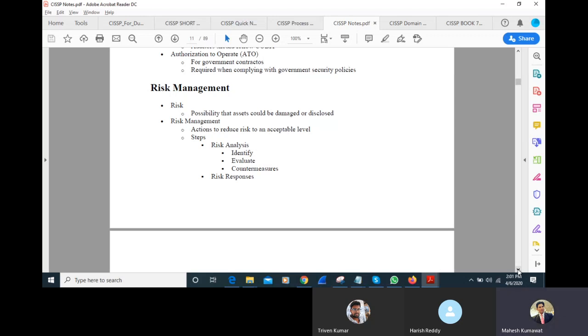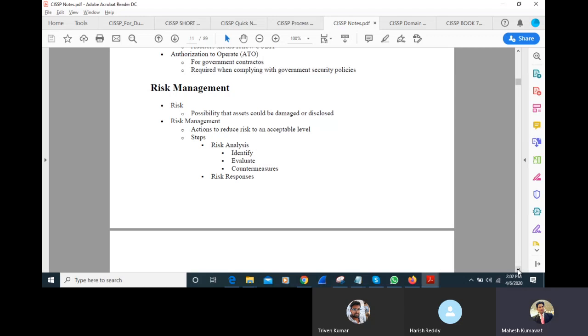If your sensitive information, your top secret data, is disclosed to the whole world, then there's a problem. There's always a possibility that it will be damaged. A hacker may hack your assets, damage them, or disclose your information to the outside.